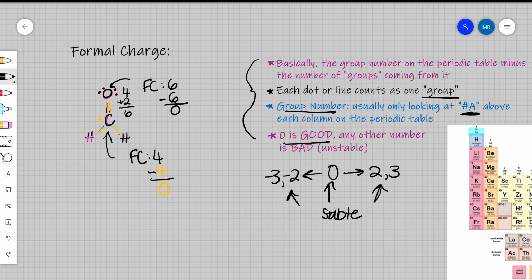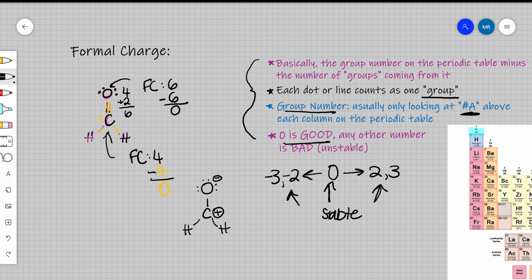So let's look at an unstable molecule. So if we have this right here, this similar molecule, except now we have 6 electrons around the oxygen, and usually we see a negative charge associated there and a positive charge to the carbon. So you may be thinking, okay, why?